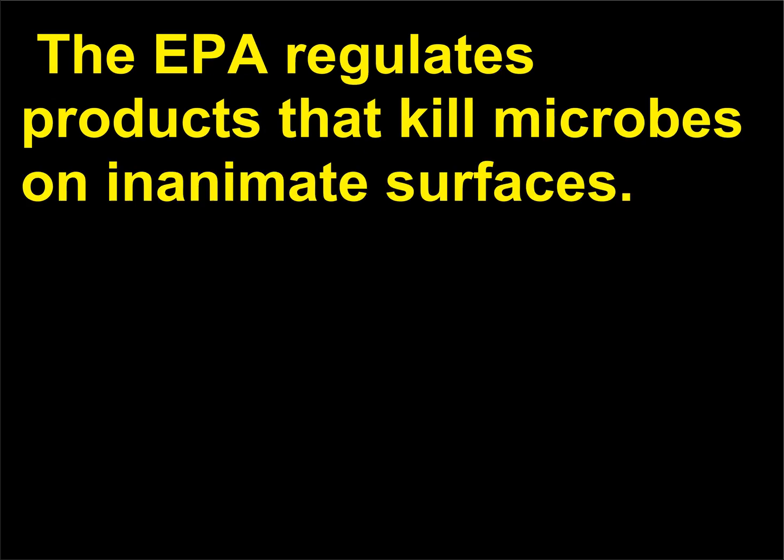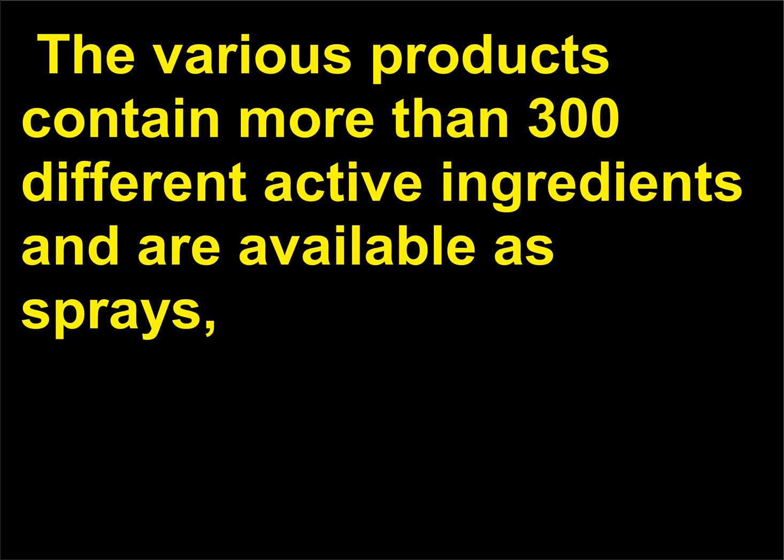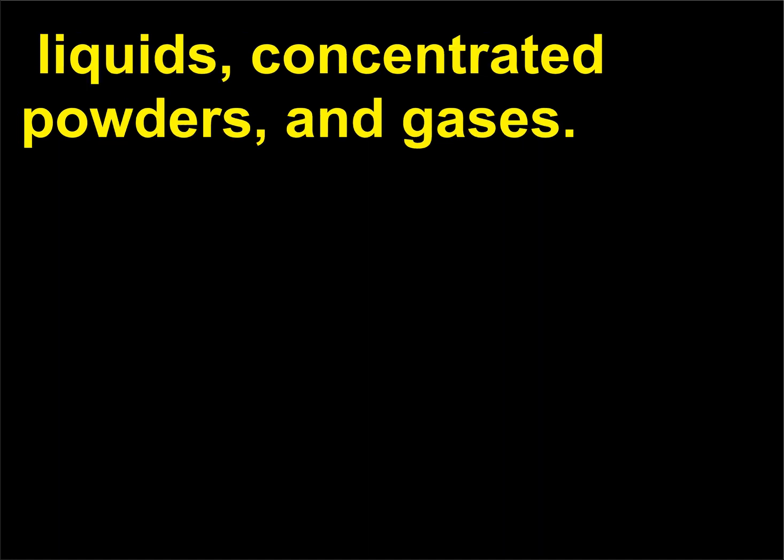The EPA regulates products that kill microbes on inanimate surfaces. The various products contain more than 300 different active ingredients and are available as sprays, liquids, concentrated powders, and gases.